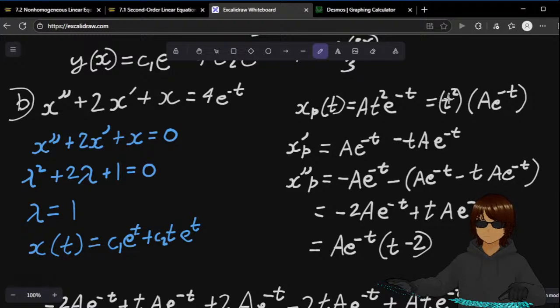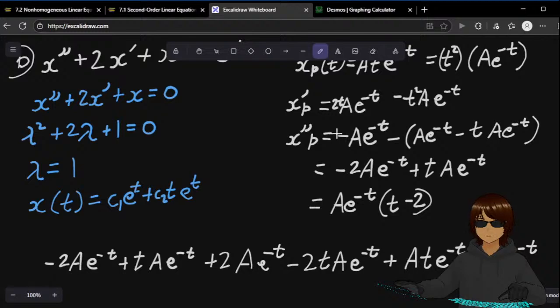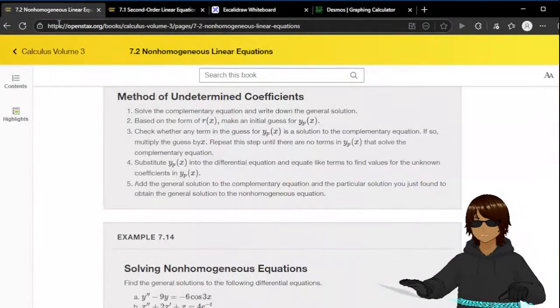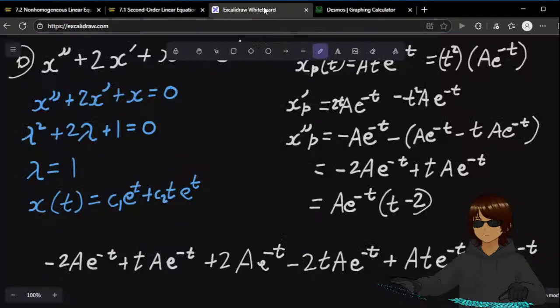So derivative of the first times the second, 2t a e to the minus t, derivative of the first times the second plus the first times the derivative of the second. We are left with this. And now, okay, hold on.